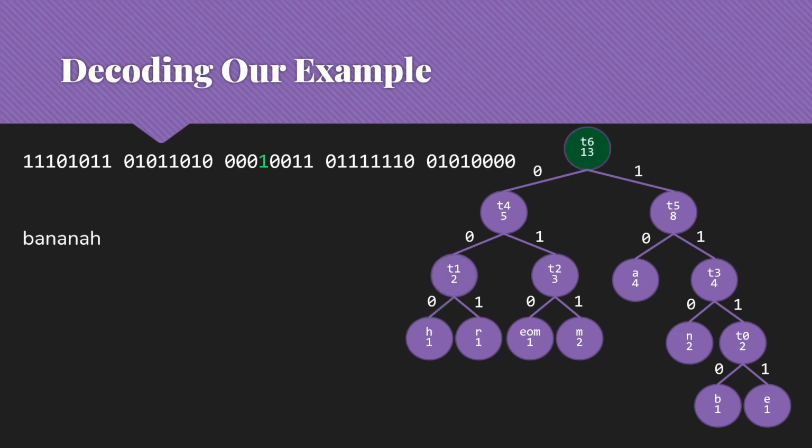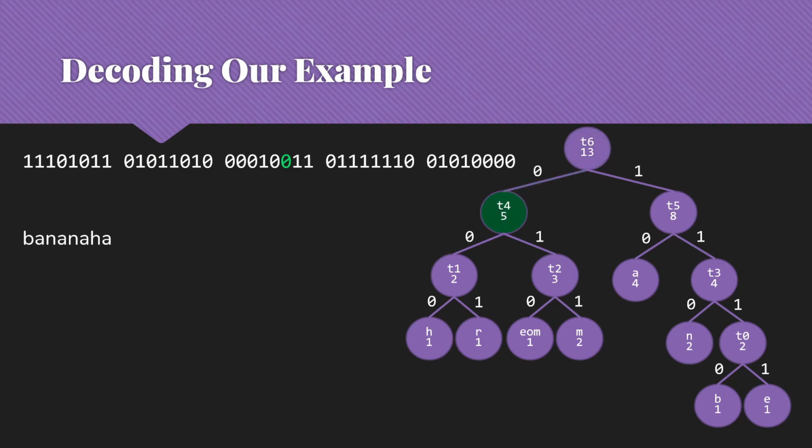Now we need to start back at the root. So we're headed right. And then we're headed left. And we're going to pick up that next A. Then we head left again. So we're at T4.